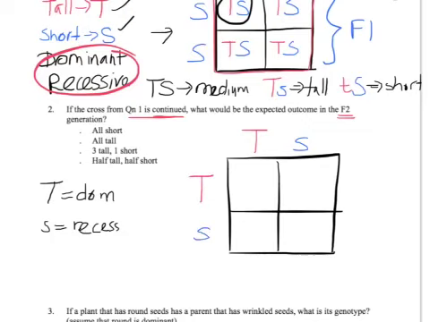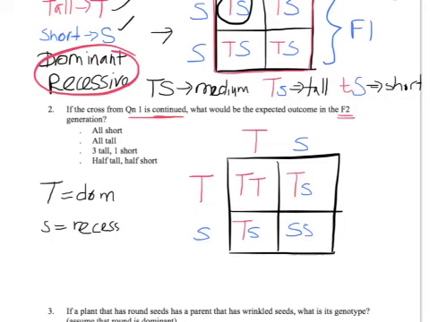So when these cross, the first box is going to give me TT, my second box is going to give me a capital T and a small s. My third box would give me a capital T and a small s as well. And my last one is going to give me two small s's.